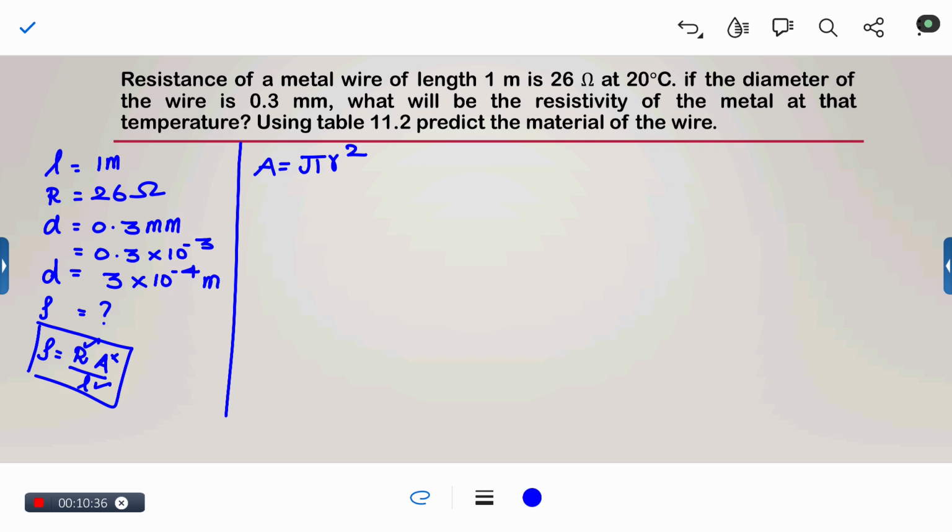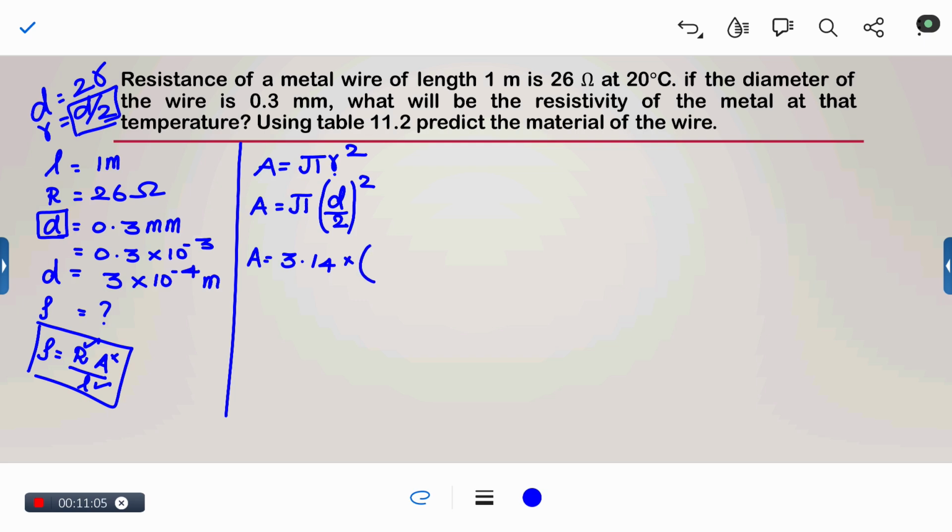Instead of R, they gave the diameter. We know D is equal to 2R, so R is equal to D by 2. So A is equal to pi times D by 2 the whole square. Pi is 3.14, and D is 3 into 10 to the power of minus 4, by 2 the whole square.